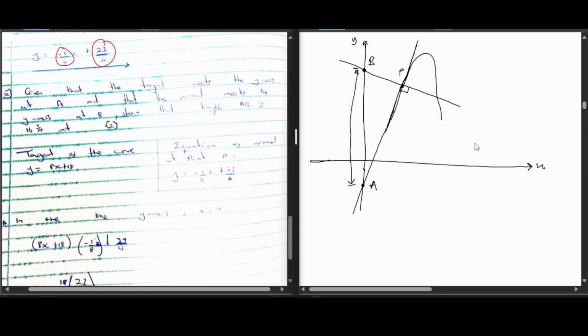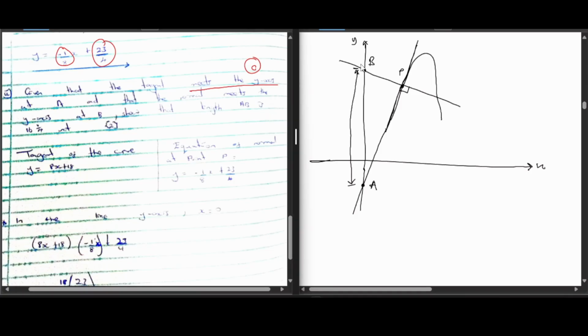And we should know that the length between 2 points, according to coordinate geometry, is given by the Pythagoras theorem. So what we need here is, if you look closely, where it says meets the y-axis like this, it is about c, the y-intercept, the point where a line meets the y-axis.